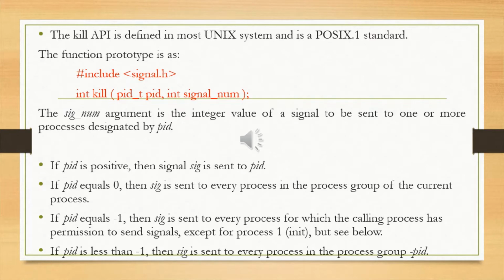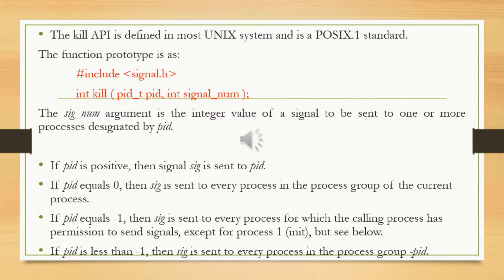The result of the kill function is 0 if it succeeds, otherwise -1 if it fails. Generally, if the PID is positive, then the signal SIG is sent to the process with that PID.